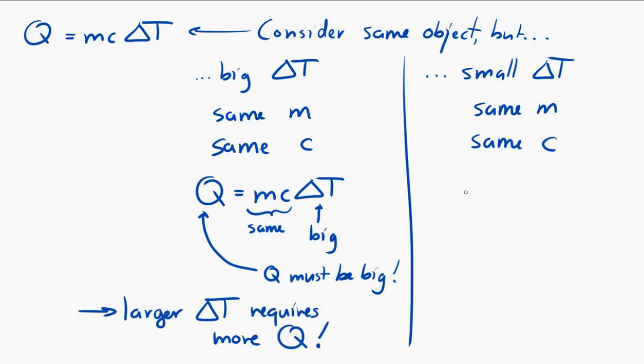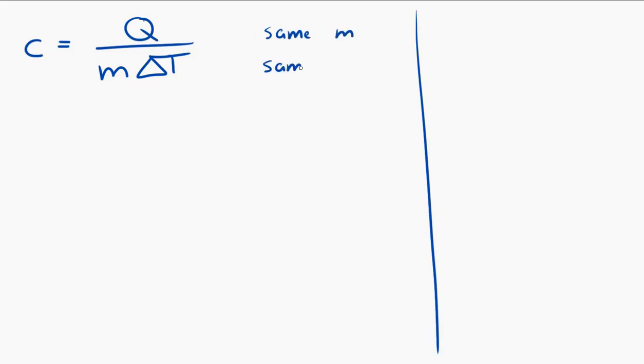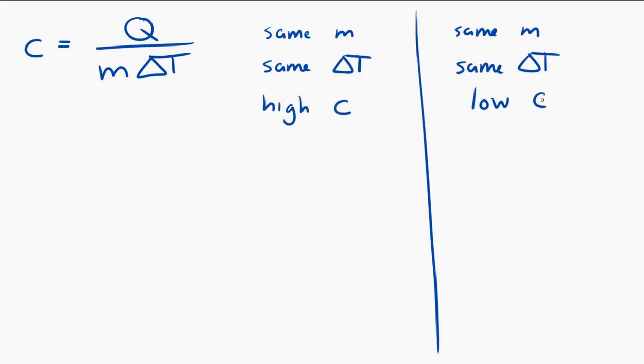Okay. Now let's go over to this c is equal to Q over m delta T equation. Let's think of a situation where you have the same mass and you have the same temperature change, but you have two different materials. And let's say the material on the left has a high specific heat capacity, and the material on the right has a low specific heat capacity.